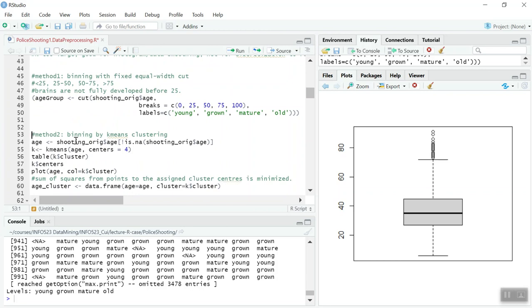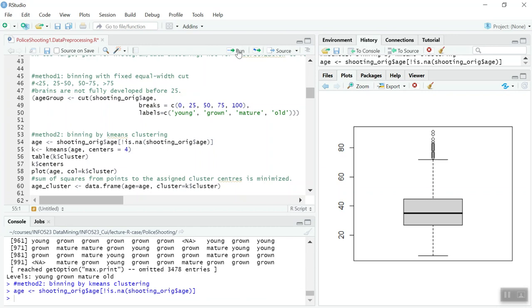The second method we can choose is to use clustering, which is also introduced in class, and we can try that. So first of all, we need to find all the ages that are not null values. And then we're going to run k-means.